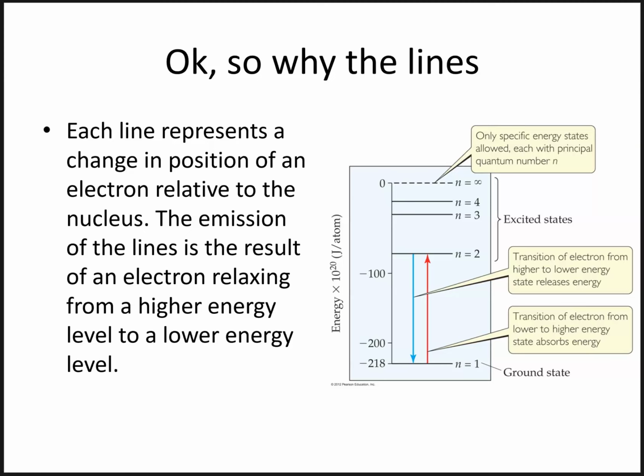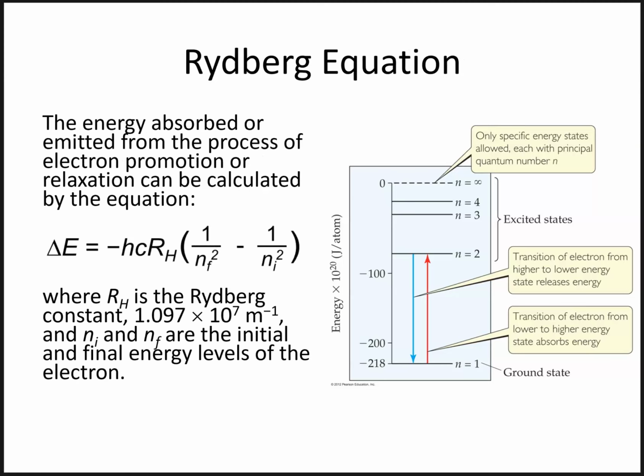So modeling the electron, we first got what's known as the Rydberg equation. The Rydberg equation says that the energy involving an electron moving between two levels can be calculated in terms of whole numbers. And so N_F represents the floor you end up on, N sub I represents the floor you started on, h is Planck's constant, c is the speed of light, R sub H is the Rydberg constant.